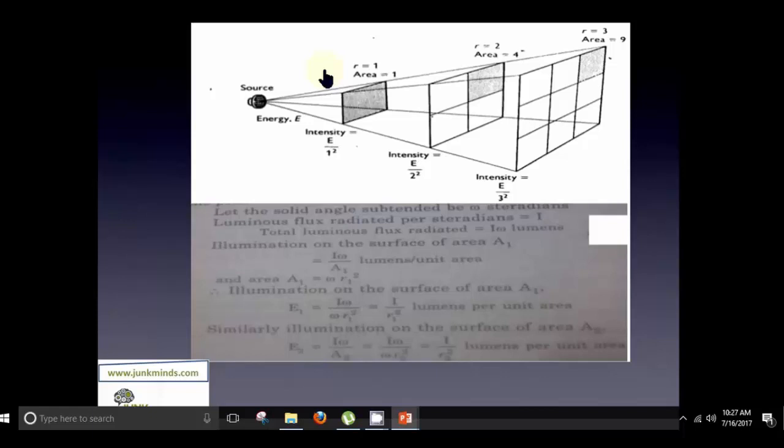In the next area, that is area equal to 4, we can see that the intensity is E/2². In the next area, we can see the intensity becomes E/3². So as you can see, as the radius keeps on increasing, the intensity keeps on decreasing as the denominator keeps on increasing.